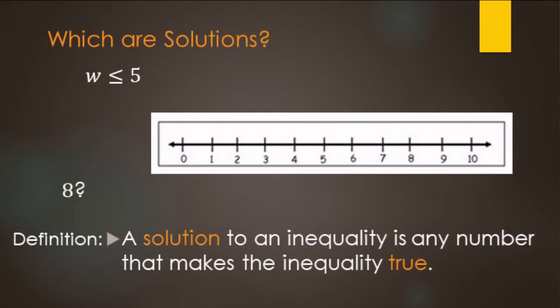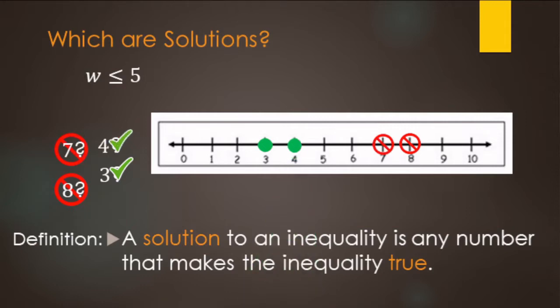So, is 8 a solution to this? Is 8 less than or equal to 5? No, 8 is bigger than 5. What about 3? 3 is right here on the number line. 3 less than or equal to 5? Yep, 3 is indeed less than or equal to 5. What about 7? Nope, 7 is not less than or equal to 5. 4?